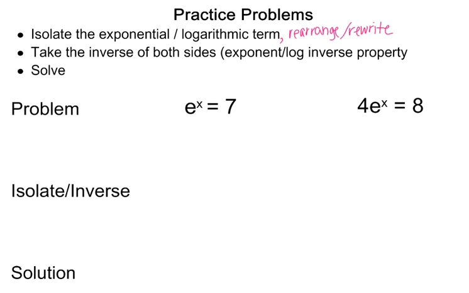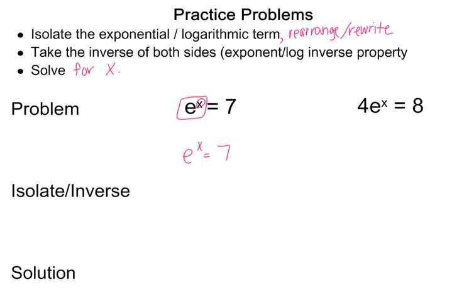So our first example, e to the x equals 7. We want to solve for x. Well, x is up in the exponent here, so I need to get it back to ground level. So that's where these steps come into play. First, I have base to the exponent. My exponential term is already isolated, so no extra rearranging or isolating needed there. So if I have e to the x equals 7, how do I cancel?